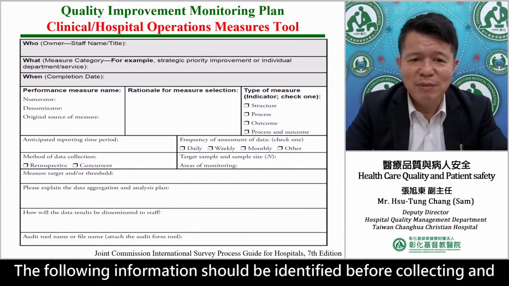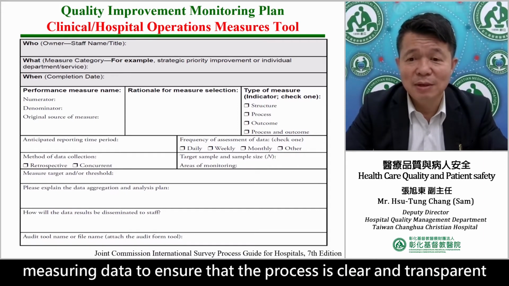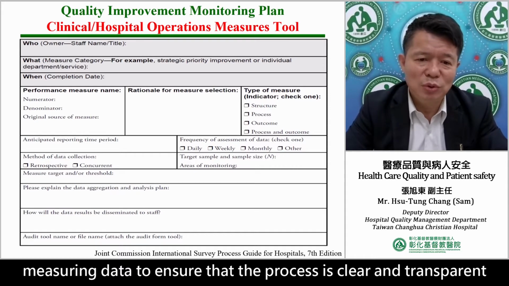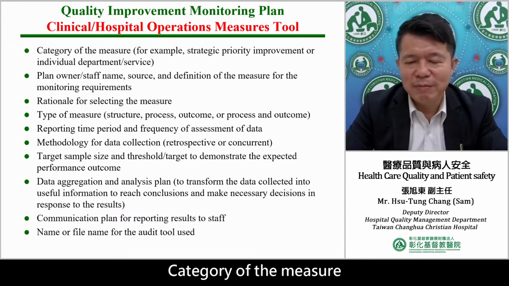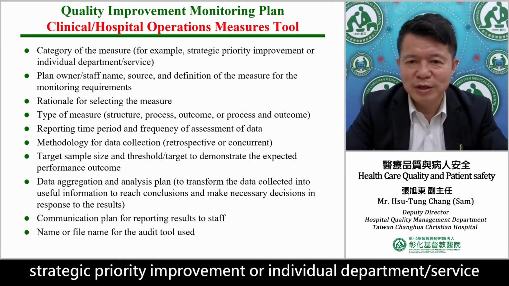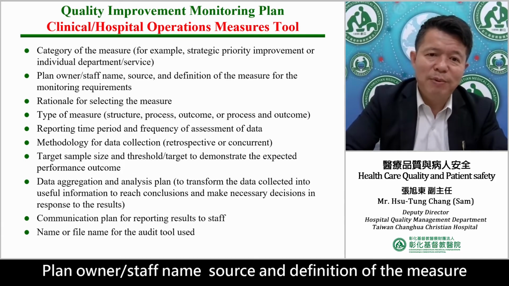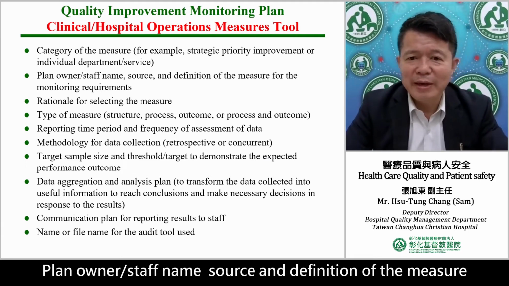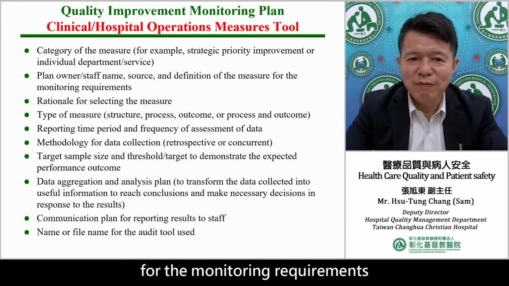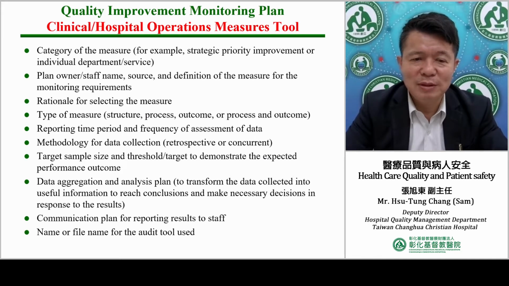The following information should be identified before collecting and measuring data to ensure that the process is clear and transparent. Category of the measure, for example, strategy, priority improvement, or individual department service, and owner, staff name, source, and the definition of the measure for the monitoring requirements.